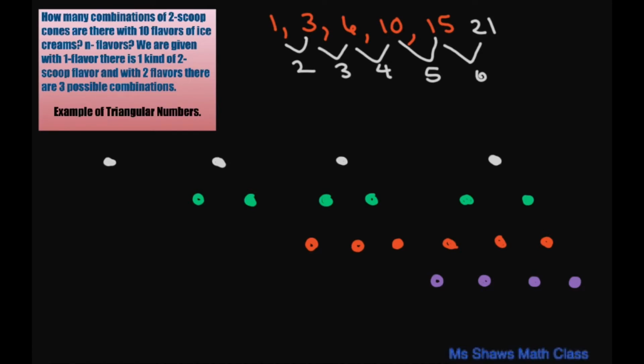That's the hard way. So we want to find the nth formula first. Usually we call this A sub 1, this one is A sub 2, A sub 3. Now with triangular numbers, they usually refer to it as T sub 1, T sub 2, T sub 3, T sub 4, like that. This is a little easier to look at than all those letters. Now, let's try to find our formula for the 10 flavors.